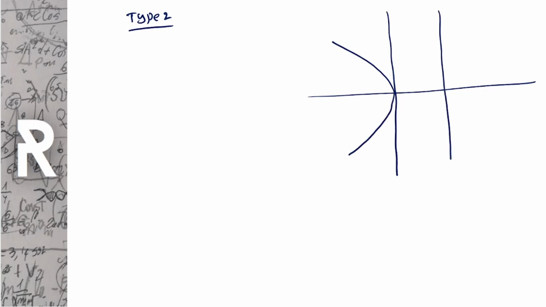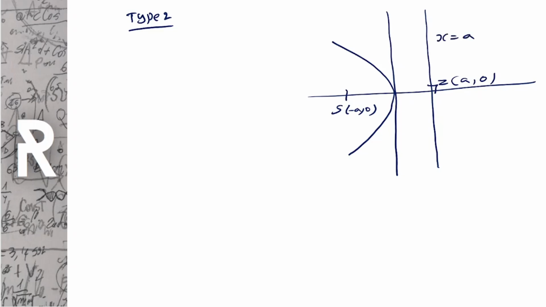It is the directrix, it is the focus. The focus coordinates are (−a, 0), and the directrix equation is x = a. The latus rectum LL' is the same in length, but its coordinates are (−a, 2a) and (−a, −2a). The vertex has no change, (0, 0). I will give you details here.